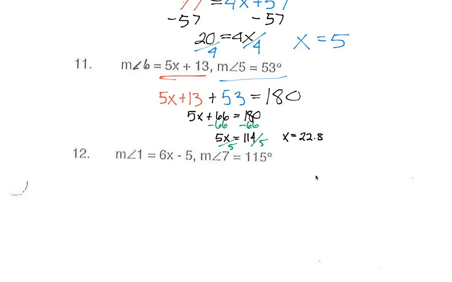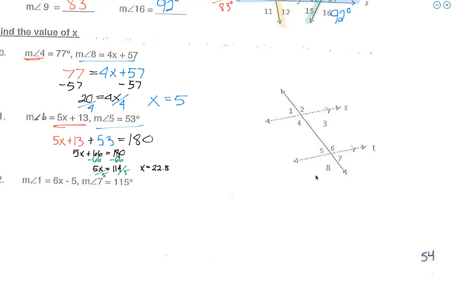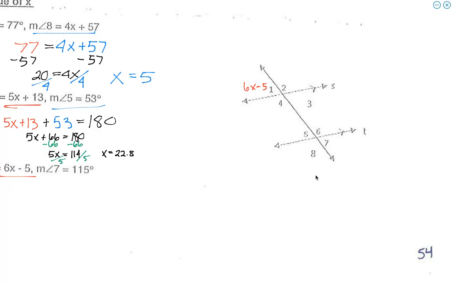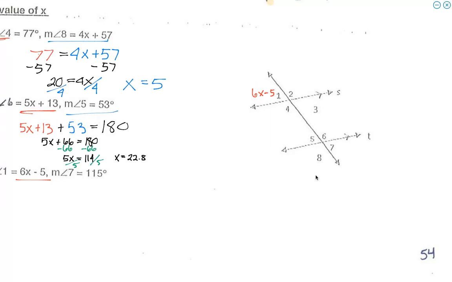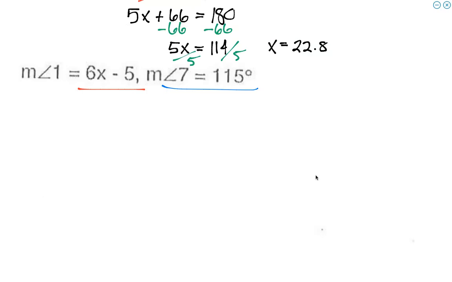All right, next one we have angle 1 and angle 7. So angle 1 is 6x minus 5. And angle 7 is 115. So those two angles are alternate exterior angles, which means they are congruent to each other. Usually they're going to be congruent.